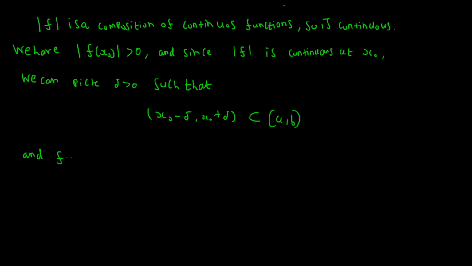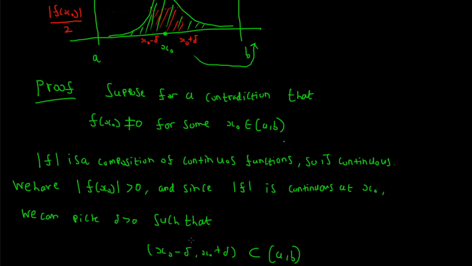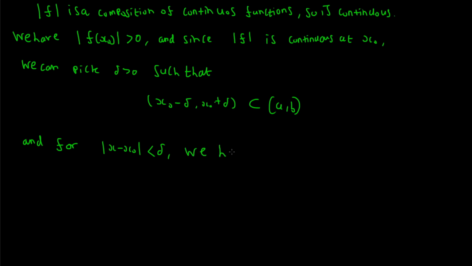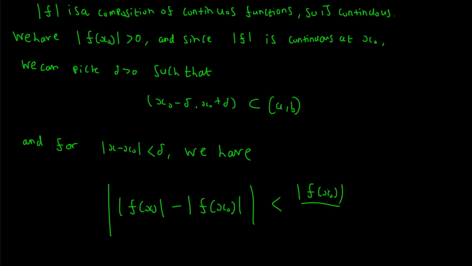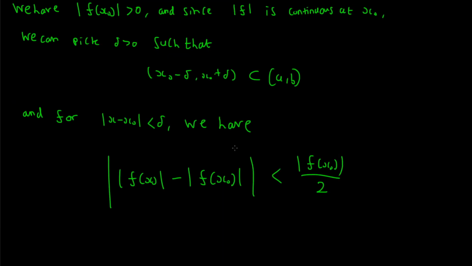And for absolute value of x minus x naught less than delta, so we want x to be reasonably close to x naught, we have the absolute value of f of x minus the absolute value of f of x naught less than the absolute value of f of x naught over 2. So that's just setting up this box for us to do stuff with.